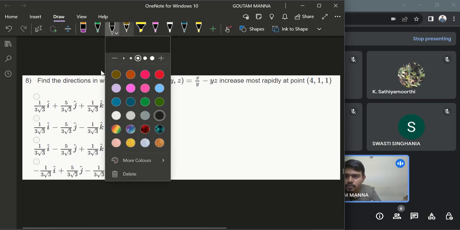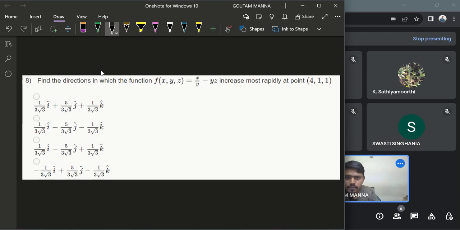In the next problem, we are asked to find the direction in which the function increases most rapidly at point 4 1 1. So the function is f of x y z, which is x by y minus yz.